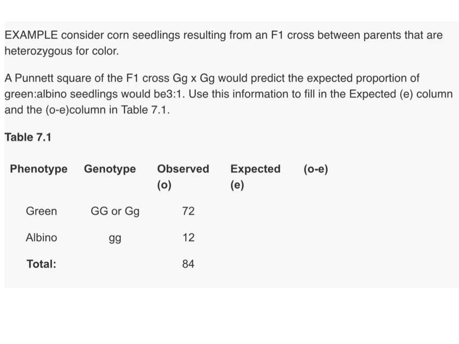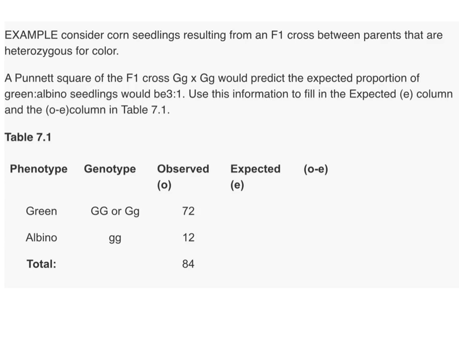So if I look, I have two possible phenotypes, green and albino. I see 72 green and 12 albino. Now, that means that there's a total of 84. So how do I figure out what the expected number is here? In that Punnett square, I'm going to have one homozygous dominant and two heterozygotes, right?